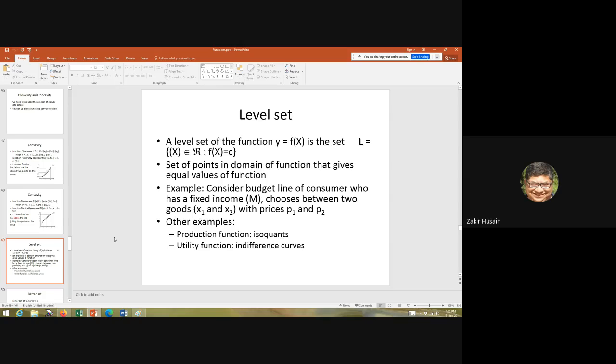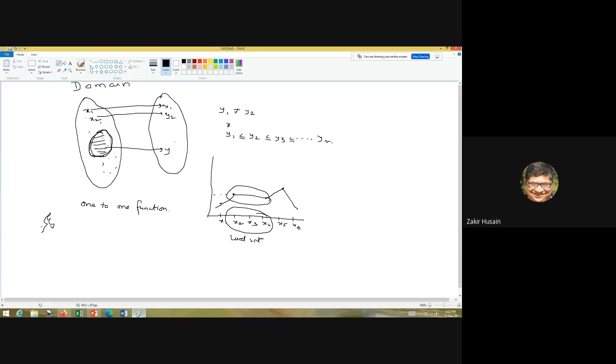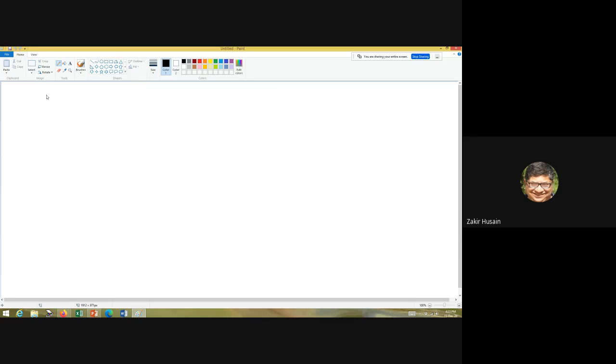Now, what are examples? Level sets are something that is very important to us. One example of a level set is the budget line of the consumer. In the last class, we had said that M is the income of the consumer and he spends his income on two commodities, X1 and X2, with prices P1 and P2.